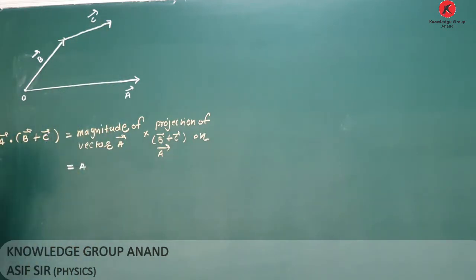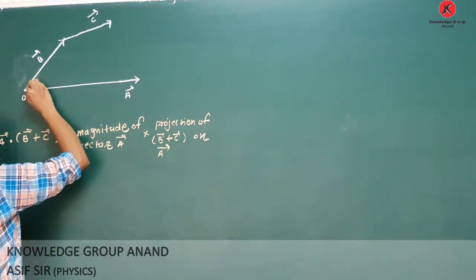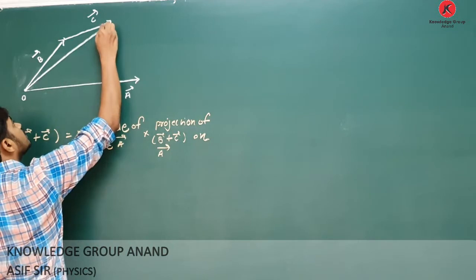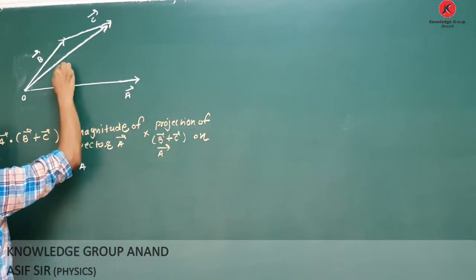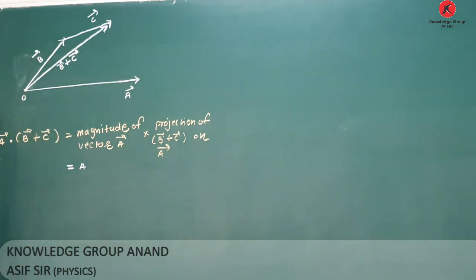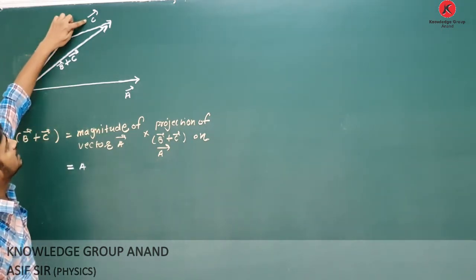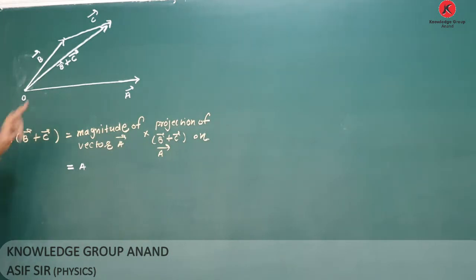First of all, you have to find the resultant of vectors B and C. Yes, it is vector B plus C. Clear about this? Now, what is the meaning of projection of B plus C on A?